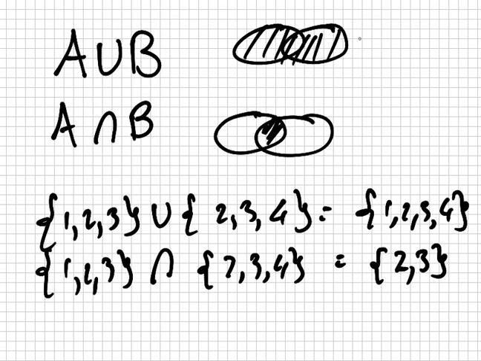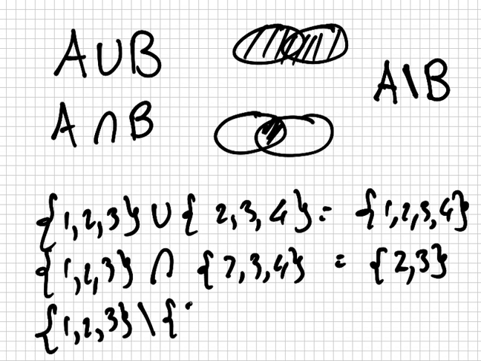This symbol here, A exclude B, means you have A and you remove from A what is in B. So for example, {1, 2, 3} exclude {2, 3, 4} means cancel out 2, 3, 4 from the first one. So you're just left with 1.